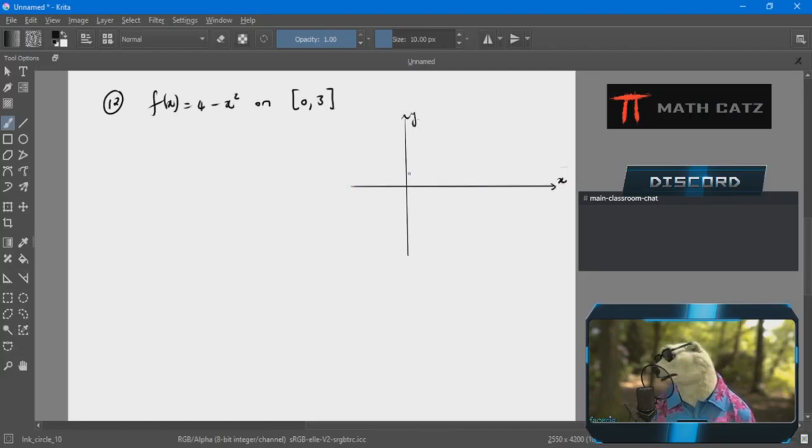In this case, this is just a couple of transformations on my basic parabola, shifting my parabola up over here. A little wobbly, but there we go, at 4. And my interval is 0 to 3. Let's just put 3 over here.